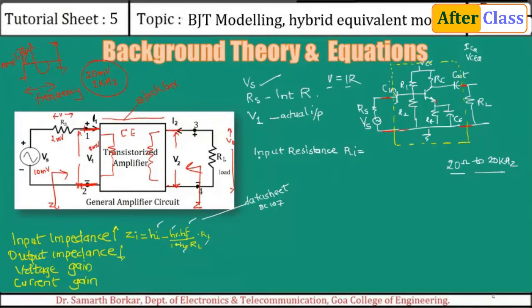Now we are dealing with the input, so it has to be V1 by I1. This is the input voltage and this is the input current. Now there are two things here, input voltage and the source voltage. These are two different voltages, because the difference will be dropped across this resistor.